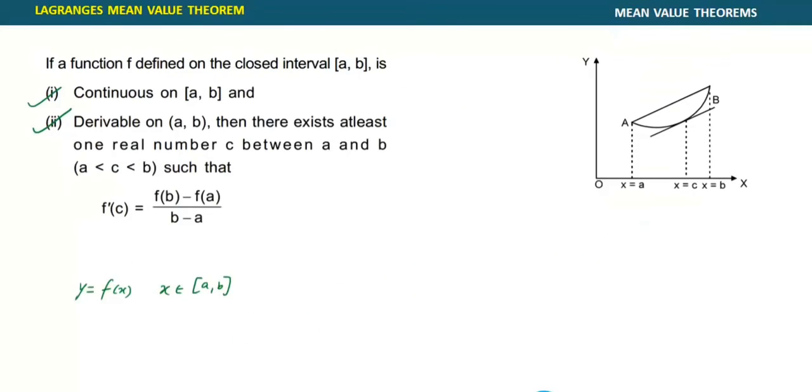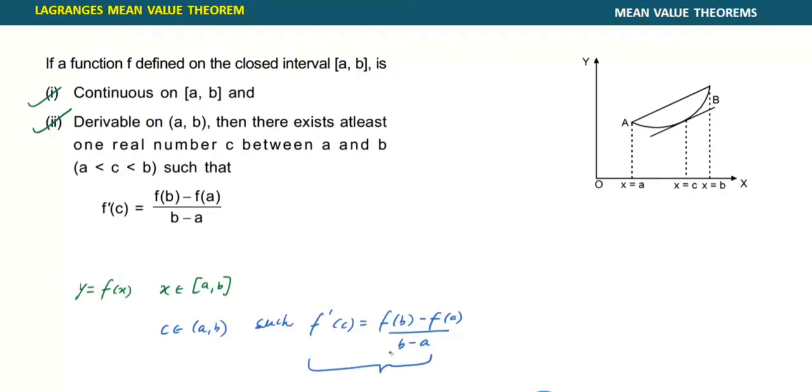So you can see that Rolle's theorem was a special case of LMVT. Now, again you will get a value c between a and b, such that the derivative at c will be equal to (f(b) minus f(a)) by (b minus a). So this is the mathematical concept.